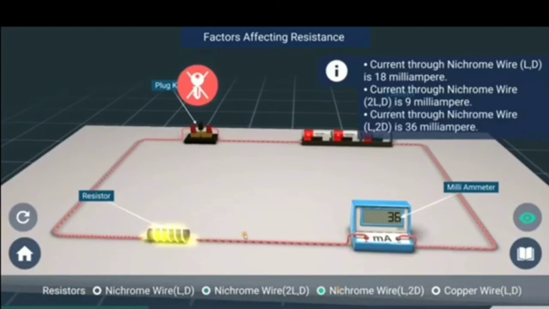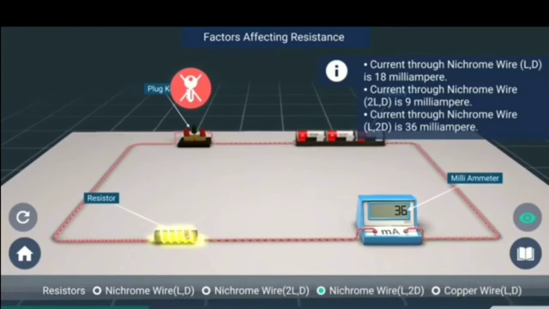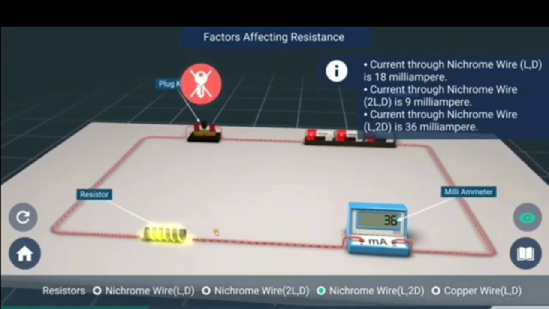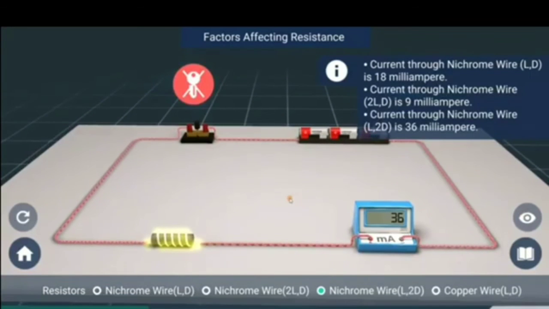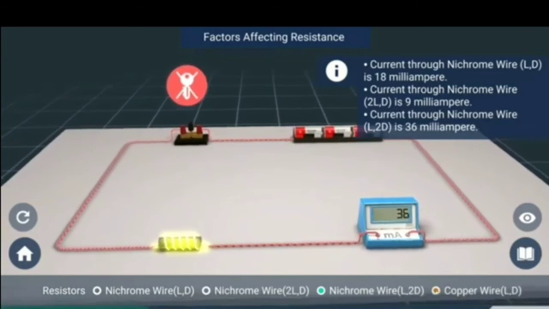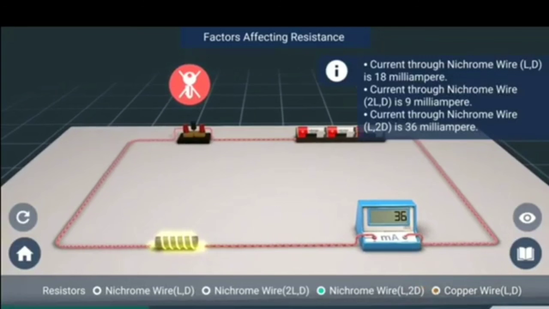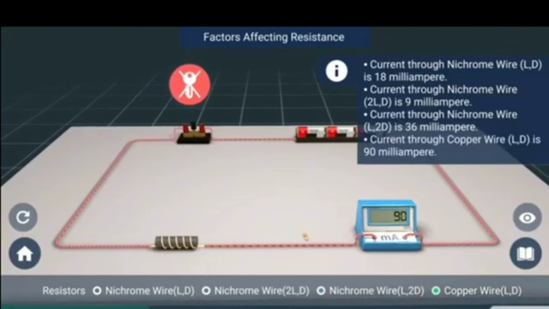In the third case, keeping the same length of the resistor as in the first case, this time its diameter has been doubled, and the current reading is observed as 36 milliamperes. So on increasing the diameter, and so the cross-sectional area, the current increased, meaning the resistance has decreased.